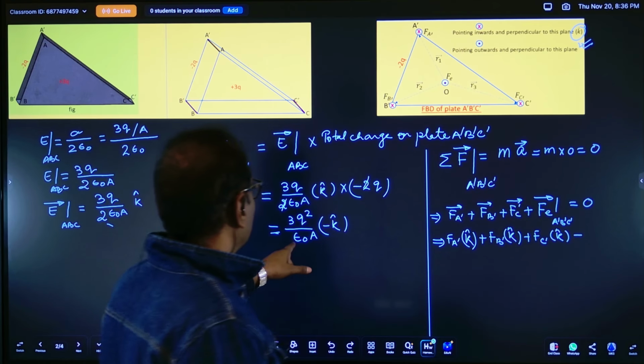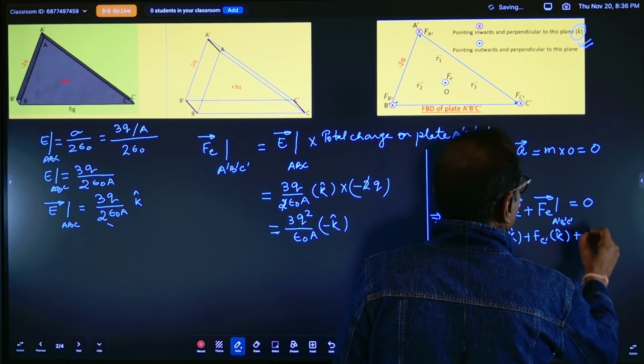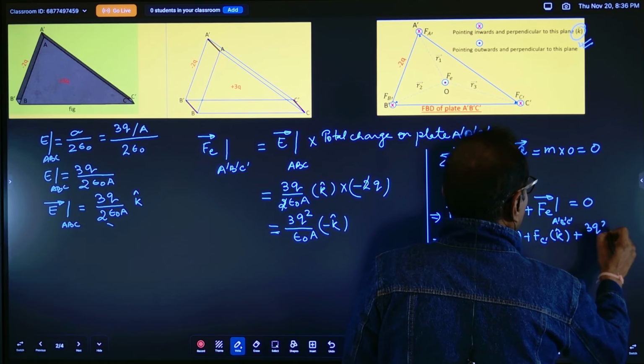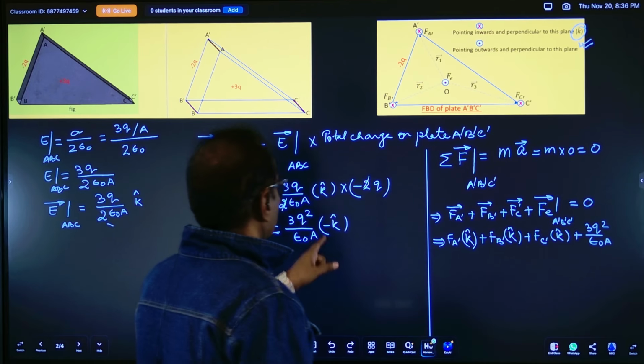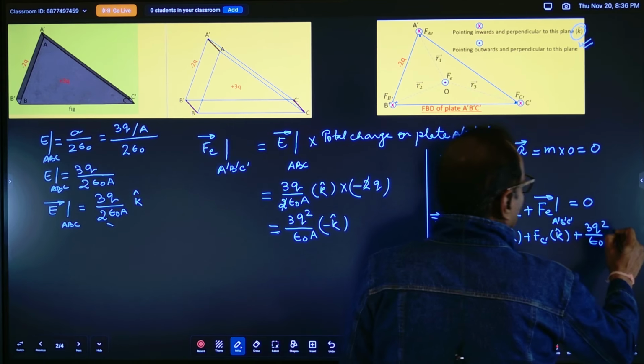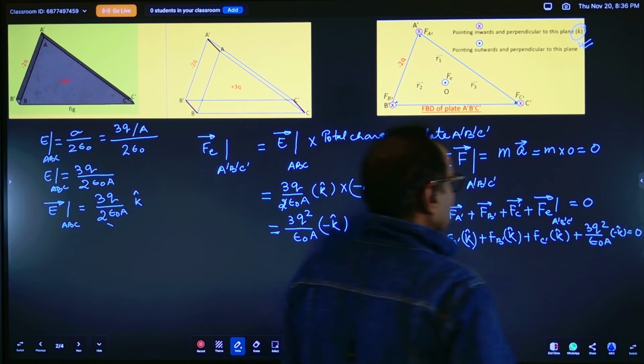Fe is 3q square over epsilon naught A, minus k, is equal to 0.